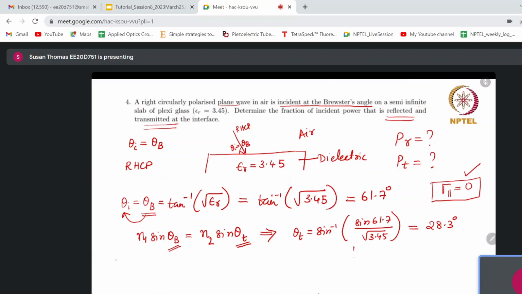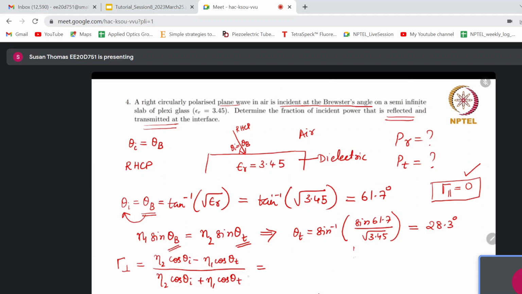So therefore, look at the perpendicular component of the reflection coefficient. Let me write down the equation for you: eta 2 cos theta I minus eta 1 cos theta t, divided by eta 2 cos theta I plus eta 1 cos theta t.